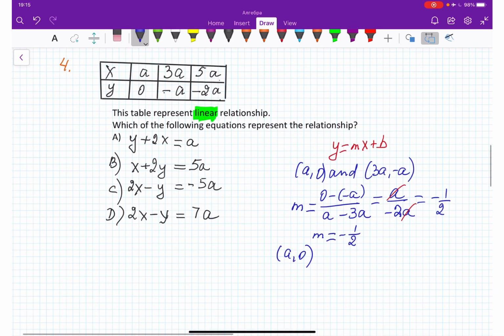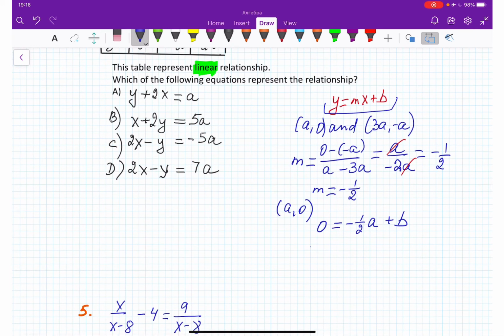I'm going to plug in this formula, y is equal to mx plus b, so y is going to be 0, and I have negative 1 over 2, x is equal to a, plus b. So from here, I'm getting negative b is equal to negative 1 half a, which means b is equal to 1 half a.